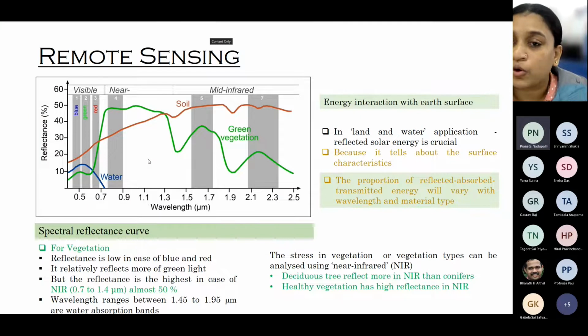Therefore, let us talk about the interaction of this energy with the Earth's surface. This is important because we need to capture the information of land and water in our application.